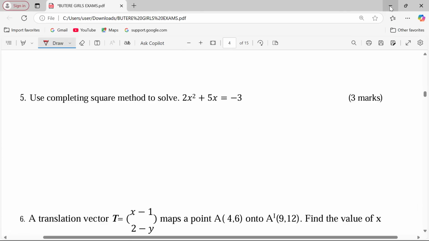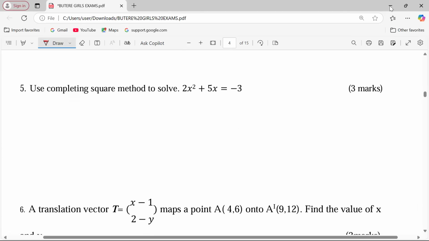That way, you are not tied to any formula. But in this case, you've been tied. You can only use completing the square method. So imagine yourself being told to use the completing square method, yet you've trained yourself only to be using factorization method or the quadratic formula, which is even in the mathematical tables. So it's good to expose yourself to all the approaches. Very advisable to do that.